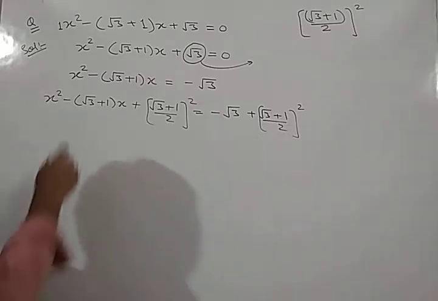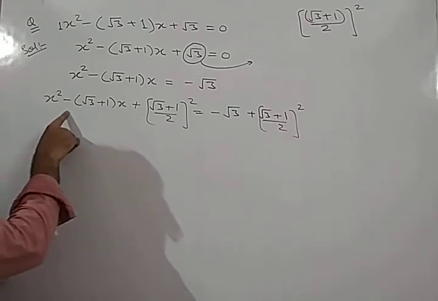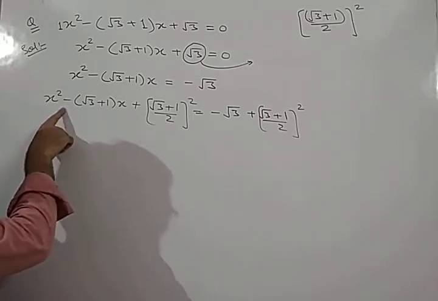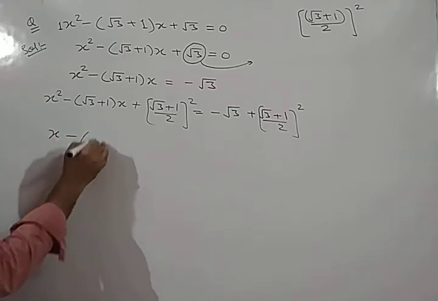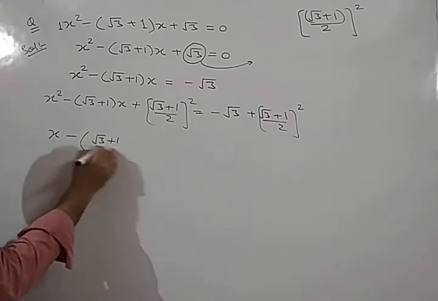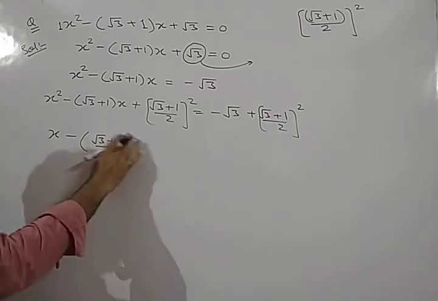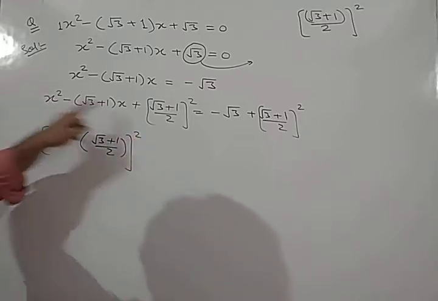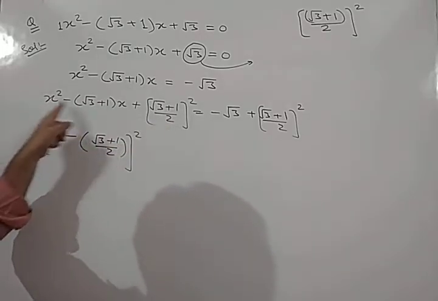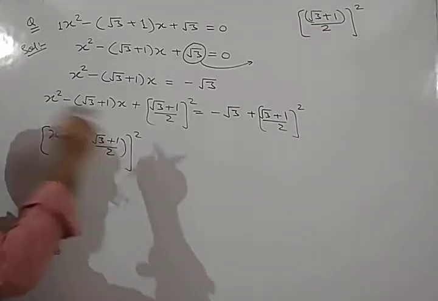It is a square plus b square, and in the middle it is minus 2ab. Because it is a minus sign, the identity will be x minus (root 3 plus 1) by 2 whole square. It is a square, it is b square, it is 2ab, so it will be (a minus b) whole square.